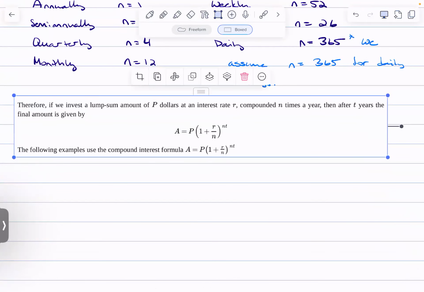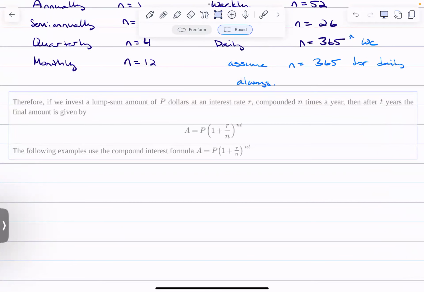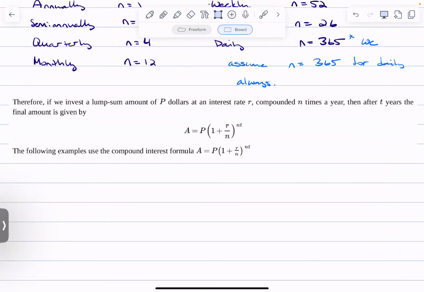Now, instead of developing the formula, because it's not quite as straightforward, I'm just going to jump in and give it to you. If we invest a lump sum of P dollars at an interest rate R, compounded n times per year, then after T years, now notice T now has to be in years, as opposed to simple interest where as long as the rate and the T matched, we were happy.